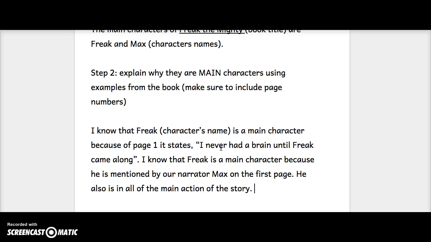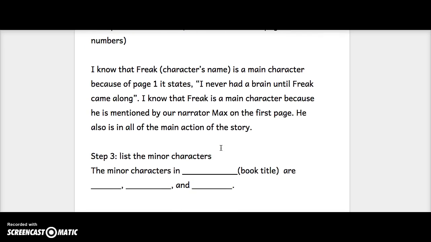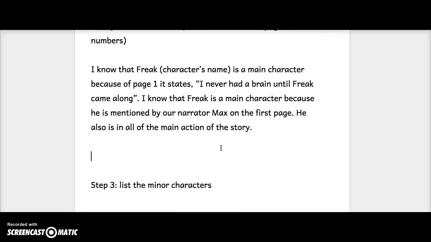So what I'm going to do next is I'm going to repeat this for Max. And so what I'm going to want to do is I'm going to want to think of specific examples in the story where Max is a main character. And really, I think I can honestly use the first page as well too for telling that Max is a main character. Now I'm not saying that you should always use the first page for your I can statements, but in this case we know right away.